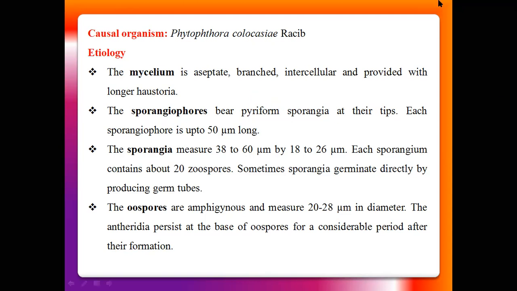Suppose these spores germinate and develop the mycelia. This mycelia is always coenocytic or non-septate, meaning aseptate mycelia is generally seen.